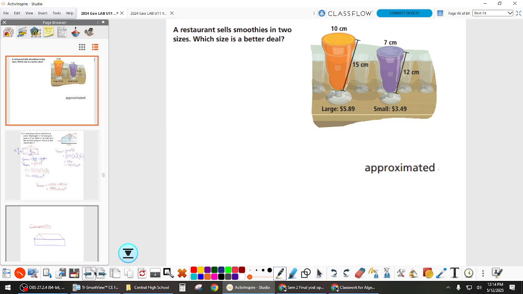The volume of each cup and then convert it to price to see which one gives you a better deal. Okay. For what shape? For a cone. Yeah, even though it's not quite, right? But we could approximate it as a cone. Alright, so let's do this one to practice cones, and then, actually we just did a warm-up on cones.